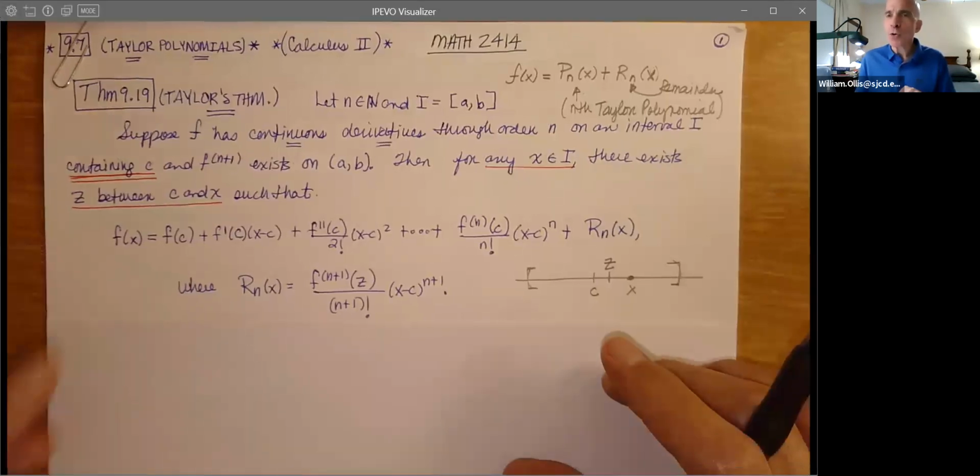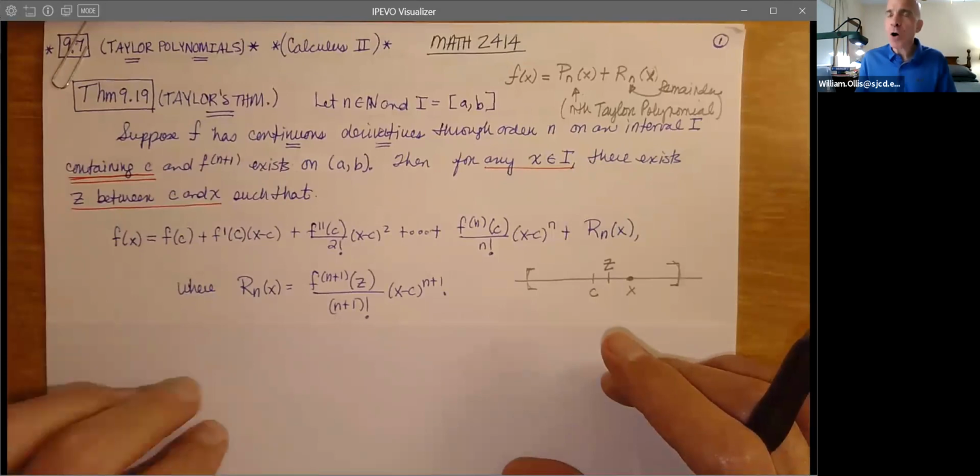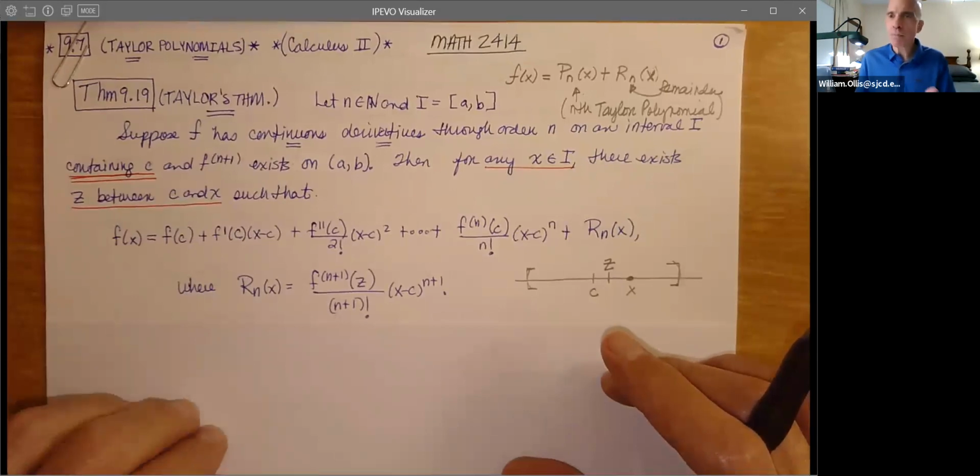Well, your calculator works because of Taylor's theorem and infinite series. Ladies and gentlemen, you don't have magical computer robots that sit in your calculator that calculate things. Everything that's computed on a calculator is arithmetic, okay?